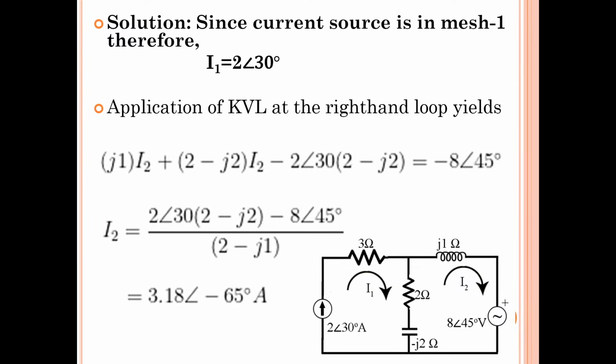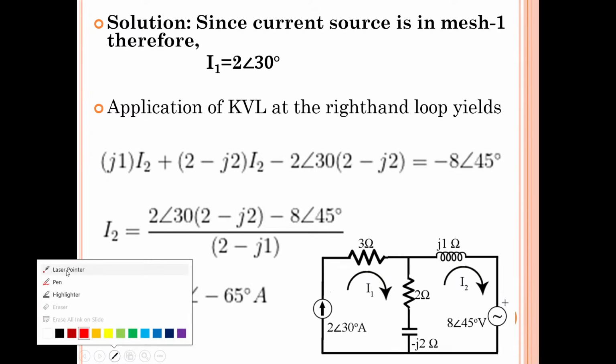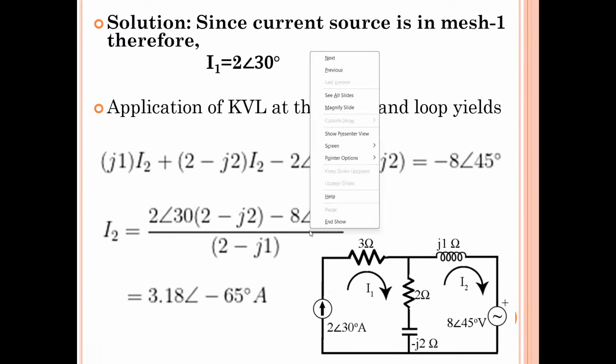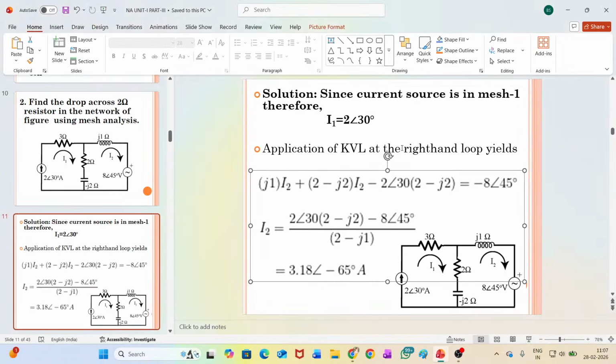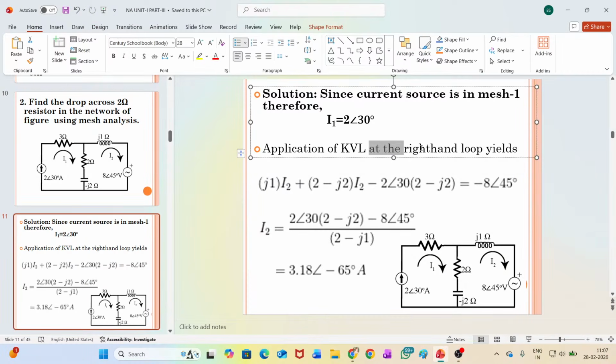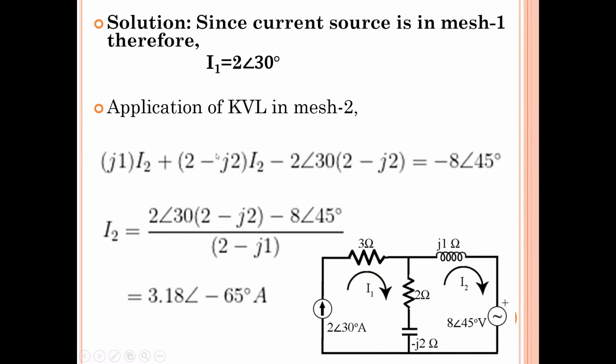Now let us apply Kirchhoff's voltage law in this mesh 2. I will make a small modification, because I was using the term mesh 2 again and again, and if I don't write mesh 2, it will be confusing for you.